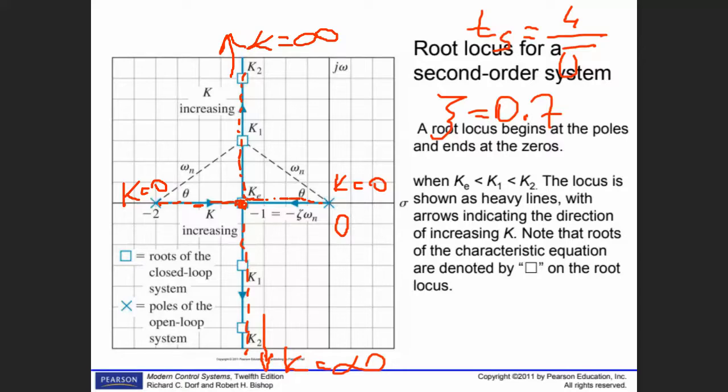So these are our best operating points. That one here, and these two poles are our best operating points.